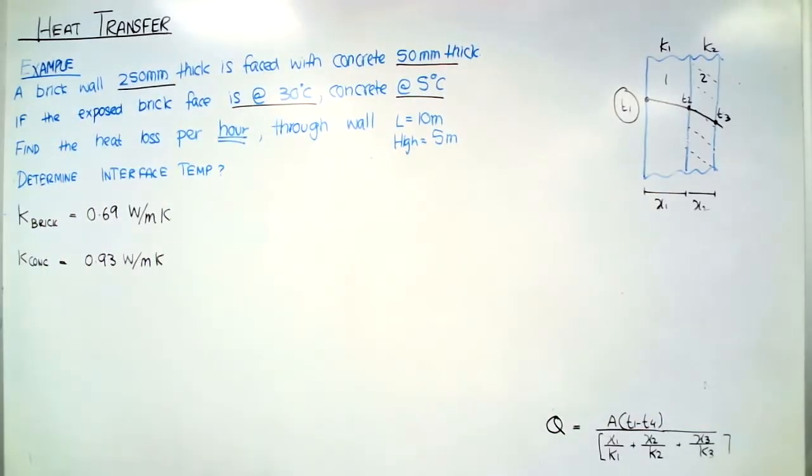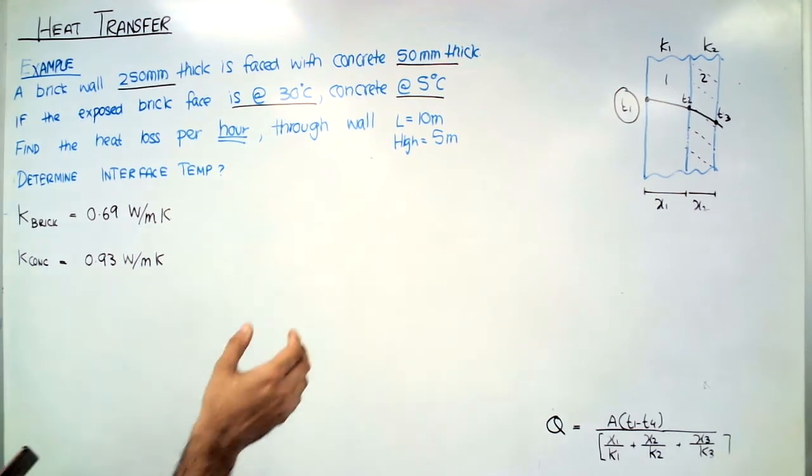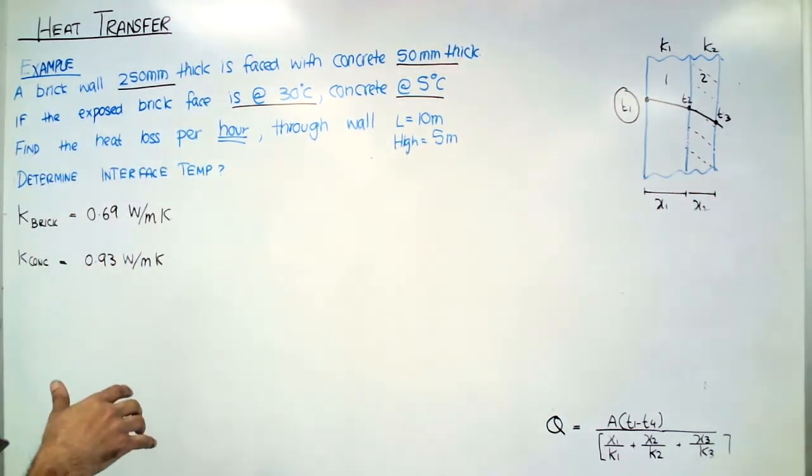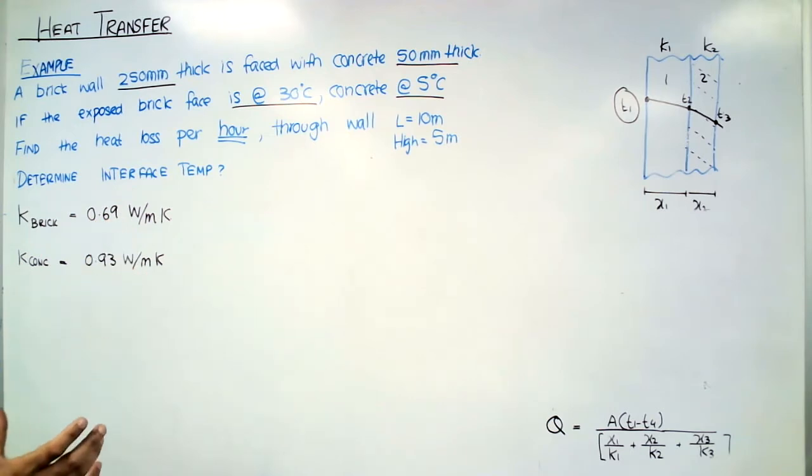Okay, now let's say we got a question where we need to find out the heat transfer for a system with 2 components joined together. One is brick and the other is concrete.